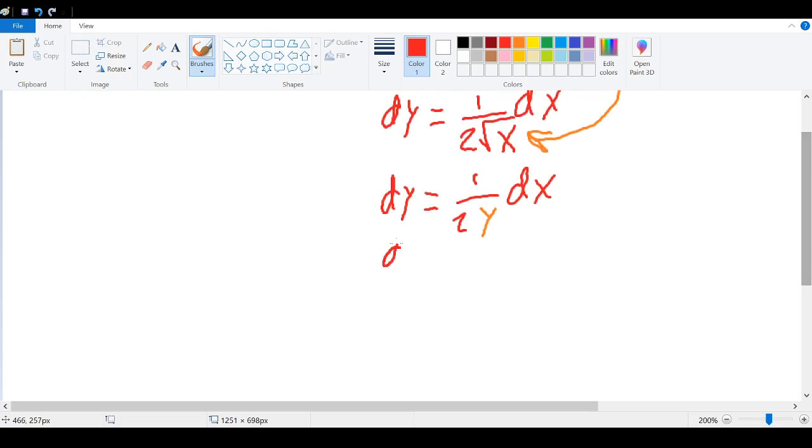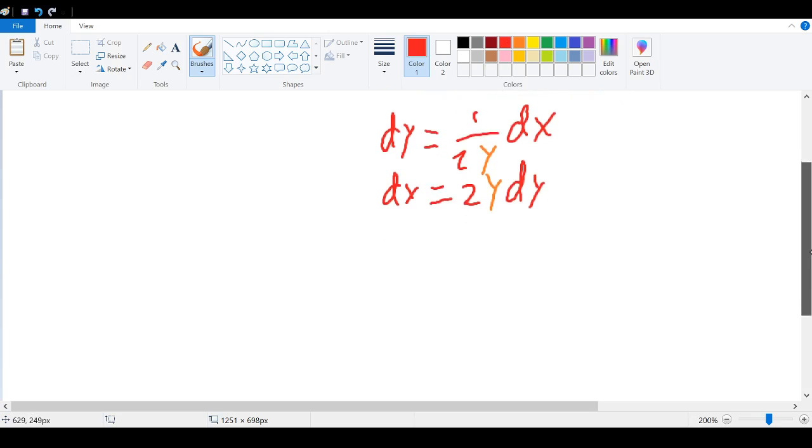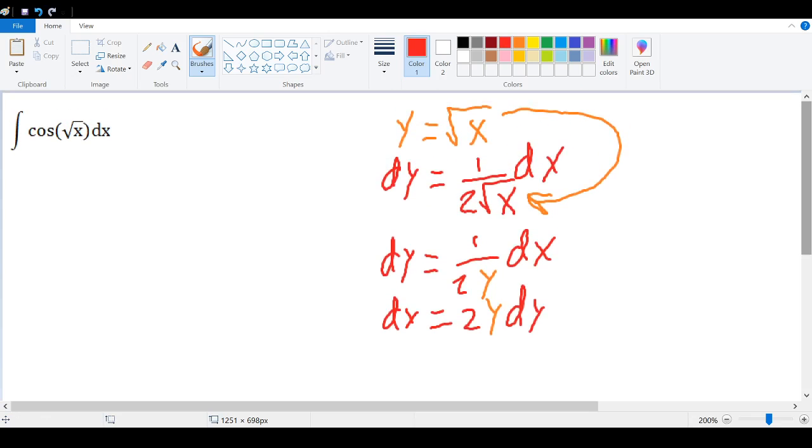We have dx must equal, bring the 2y to the other side, and you get 2y dy. All right? And so we can substitute the y in for this root x, but then we can substitute all of this in for dx, all right?